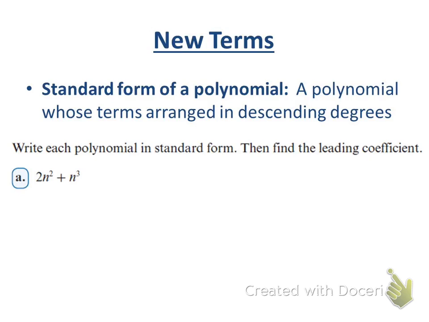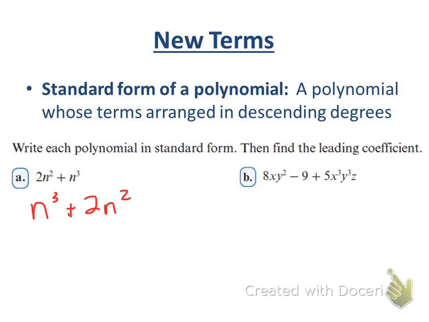Write each polynomial in standard form, then find the leading coefficient. Okay, so let's first write this in standard form, and then I want to talk about a couple things related to this polynomial. So letter A, what would letter A be in standard form? n cubed plus 2n squared.